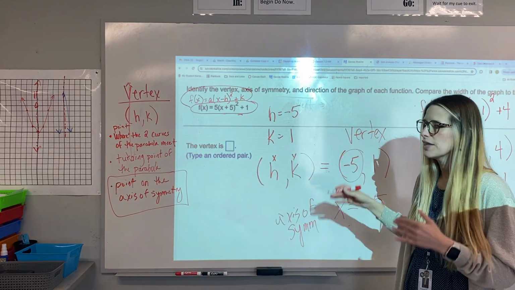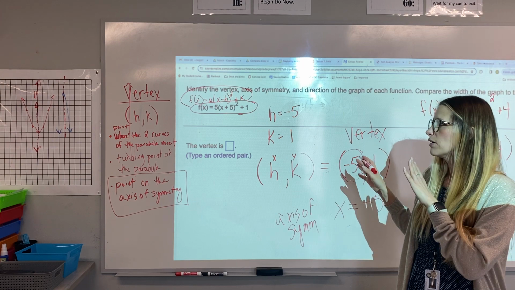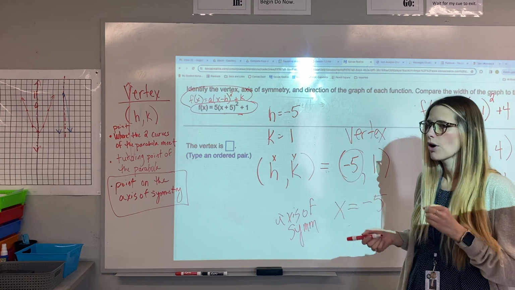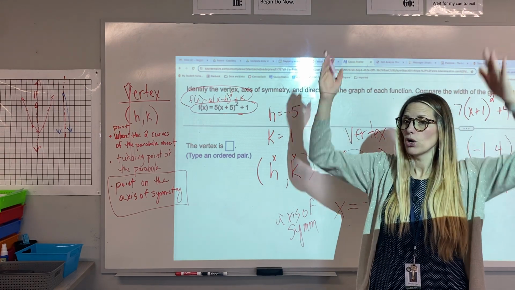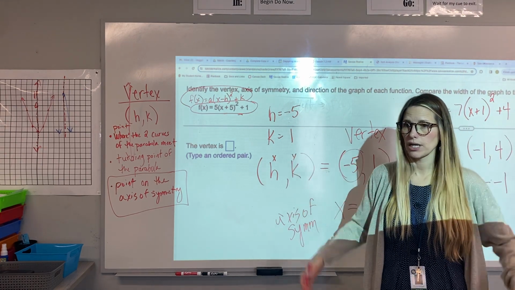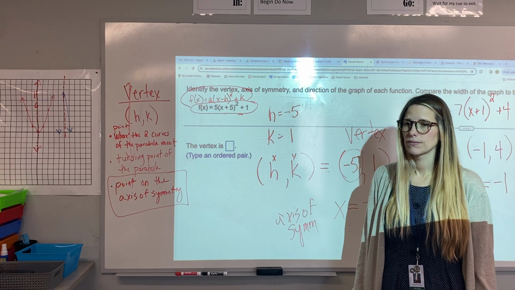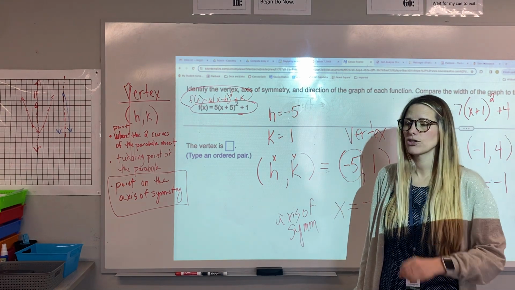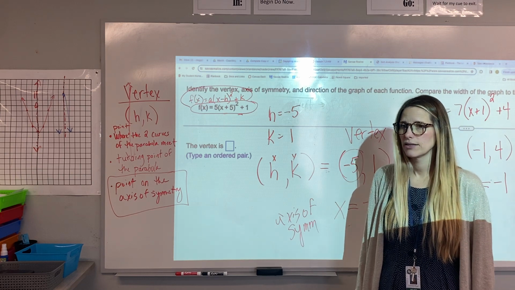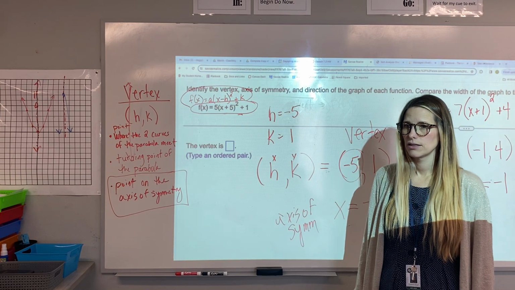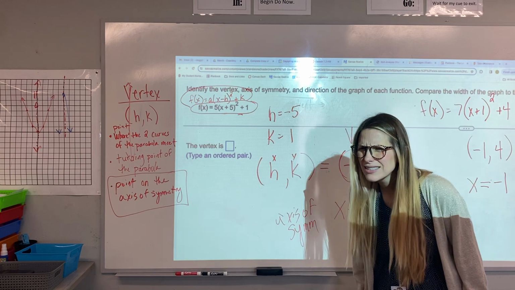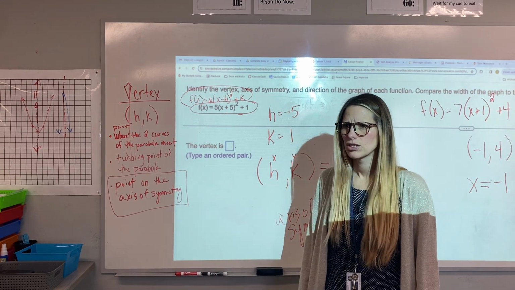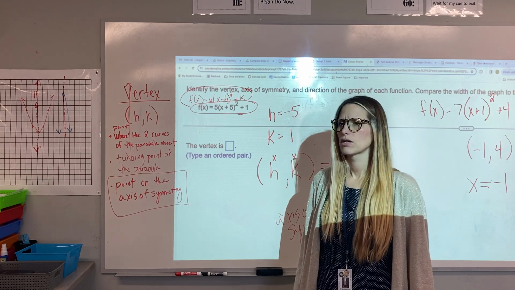What part of the quadratic function in vertex form determines whether it's happy or sad? Upward, downward. There's one specific part of it that makes that determination. Did you say H? No, she said A.